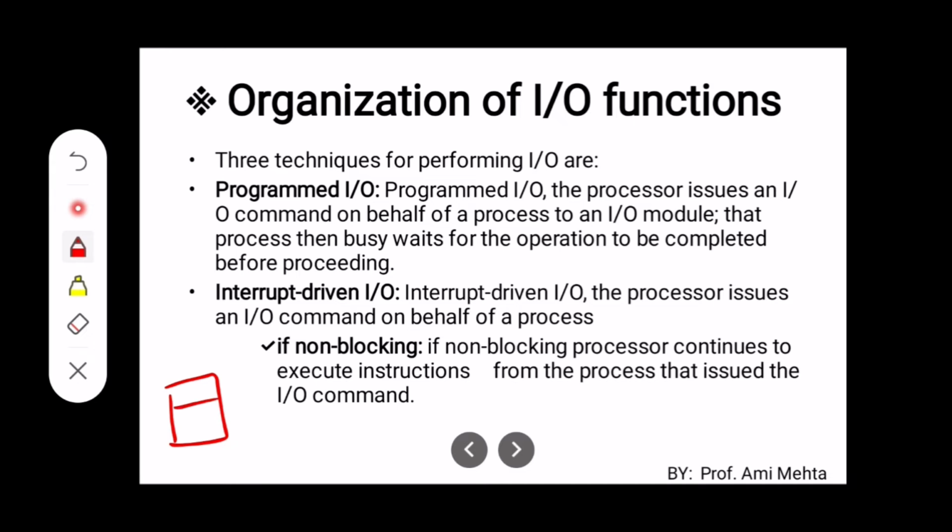From the second instruction, the IO request will be handled by the CPU. But then the CPU executes the next instruction, the third instruction, after issuing the IO command. So in non-blocking, the processor continues to execute instructions from the process that issued the IO command.